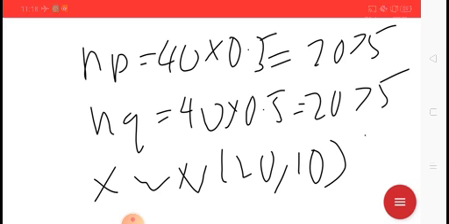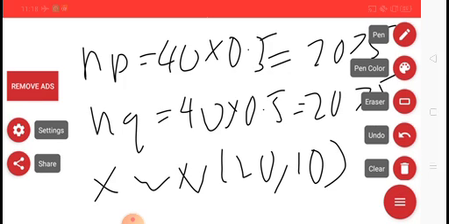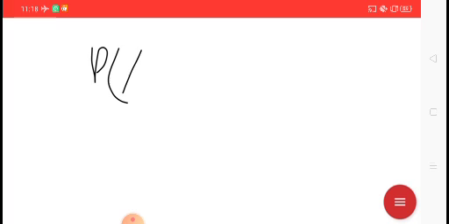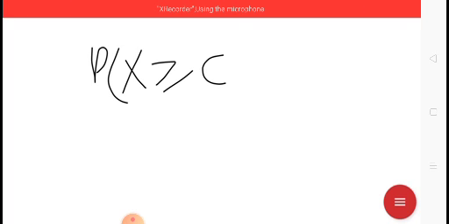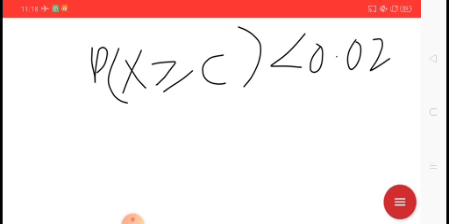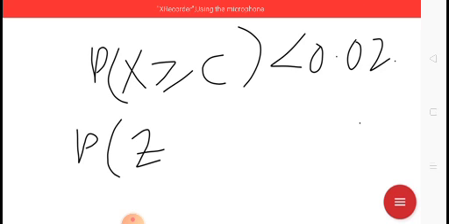So this critical region will be, on the top you want to test the larger side, so P(X larger than the critical value) is smaller than 0.02, right? So in this situation you can directly put this in the Z way.